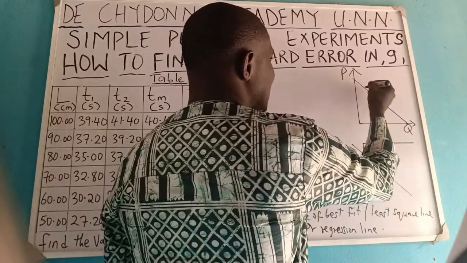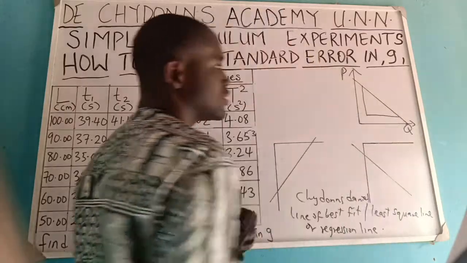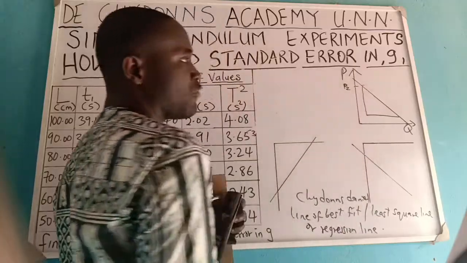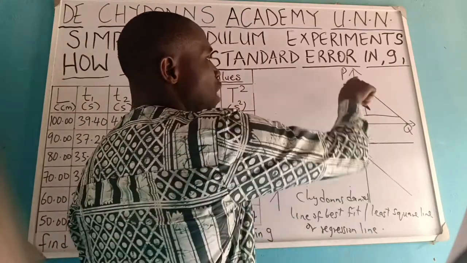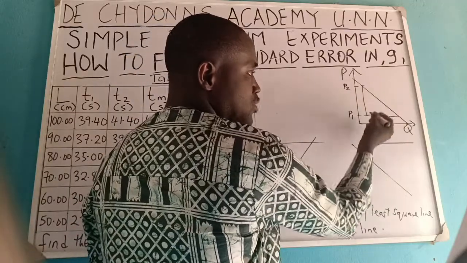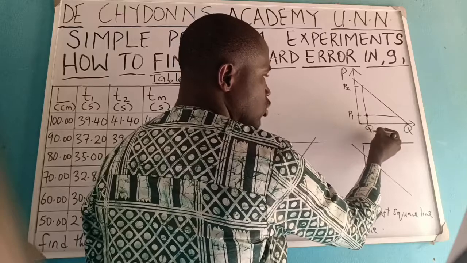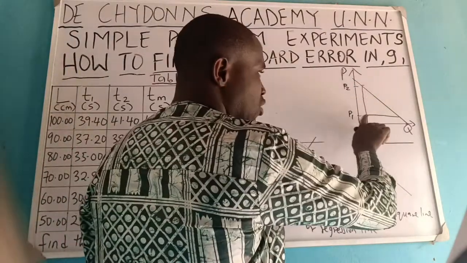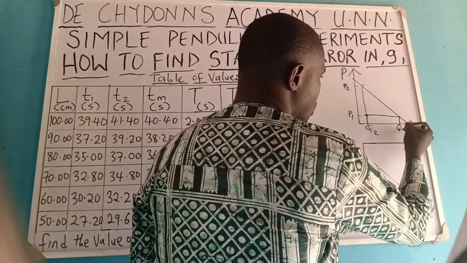We now say take your vertical and take your horizontal. This will be your P2, the highest point of P. And this will be your P1. Now, look at where the vertical and horizontal meet. Take it down and call it your Q2. The other point where the vertical and horizontal meet, you take it down. Automatically here becomes your Q1.